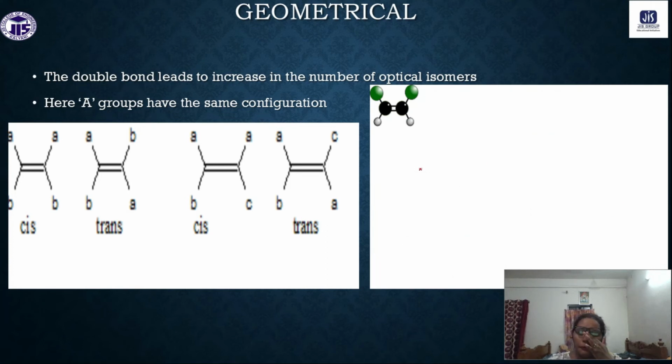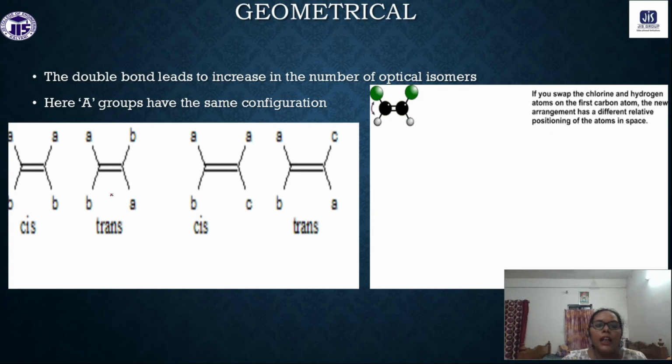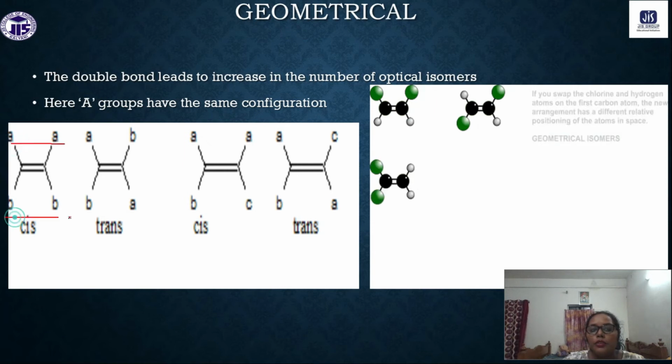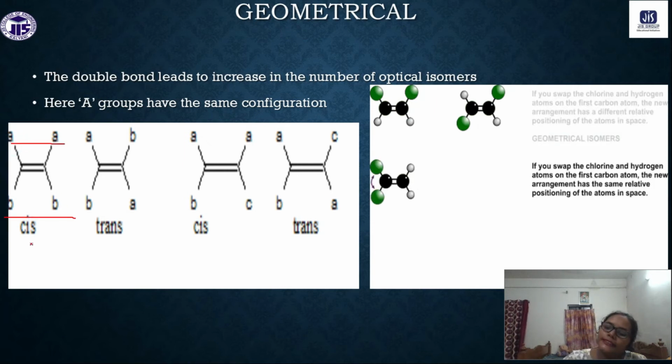Now what will happen? Cis means, look here, this is bonded with the double bond, right, and both the A groups and both the B groups are on the same side, so this is called cis.